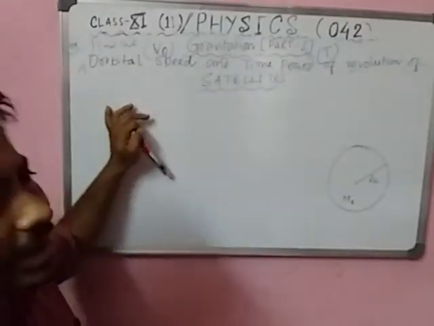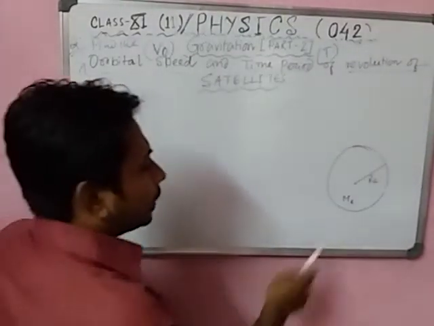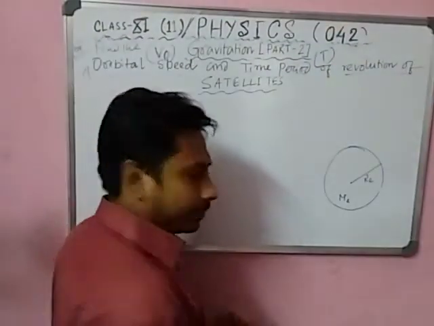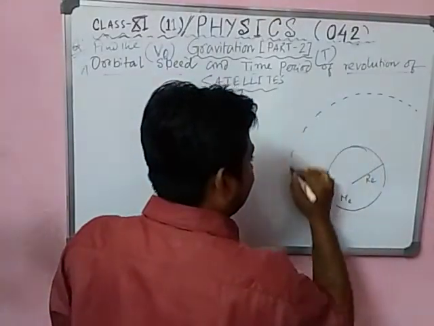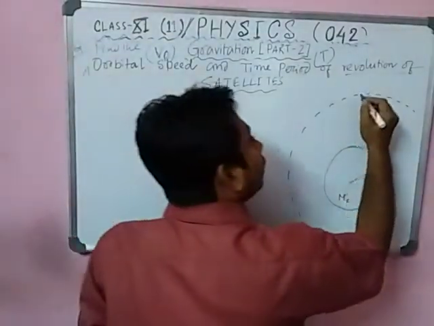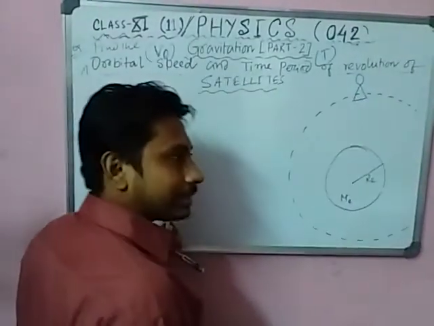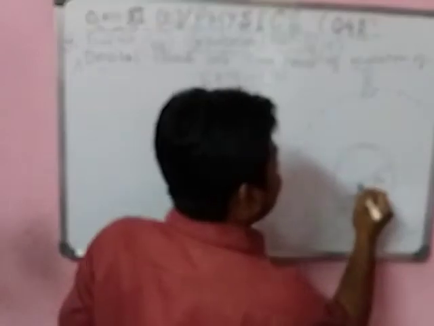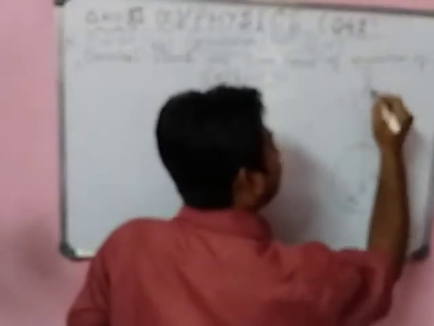So for finding orbital speed, think this is the earth. The mass of the earth is Me, radius is Re. Now we think of an orbit where a satellite revolves around the earth. So here is the satellite, and the distance from O to the satellite, think this is r.